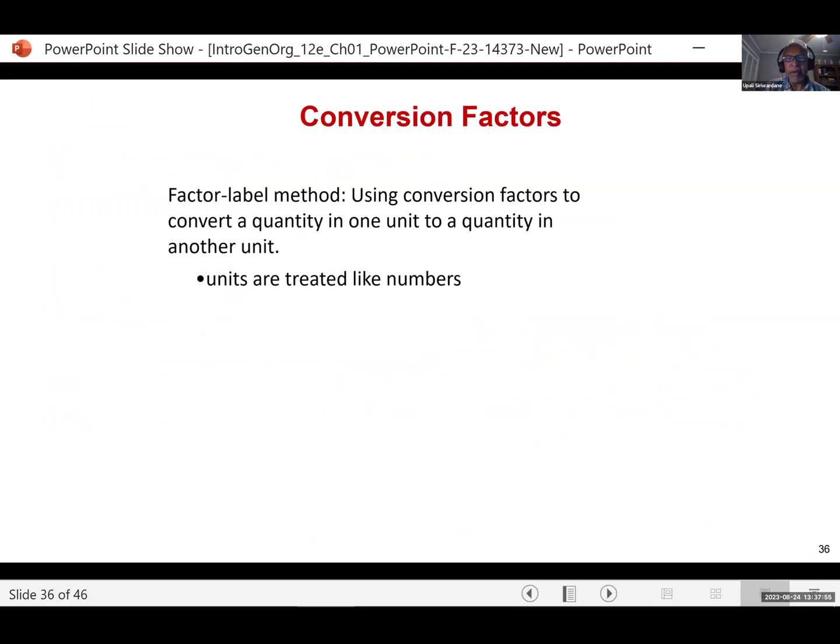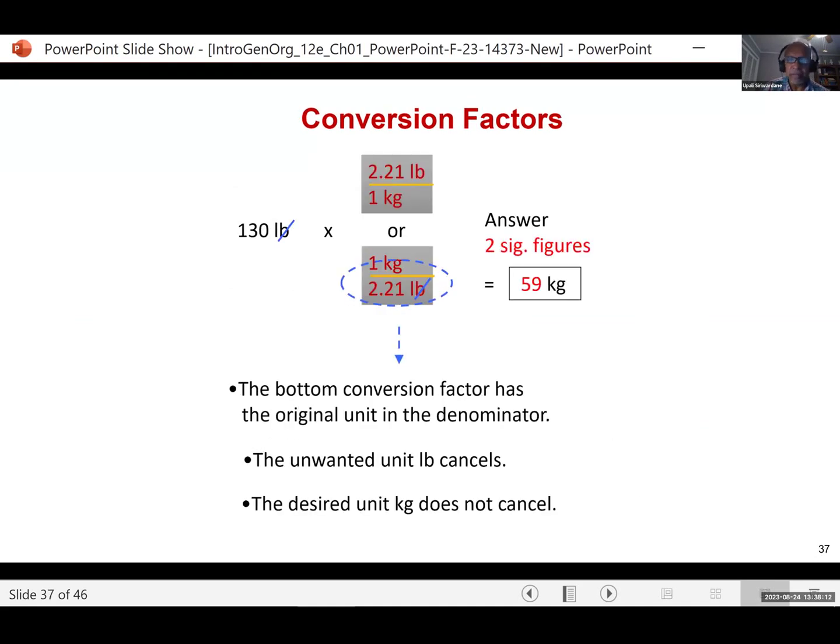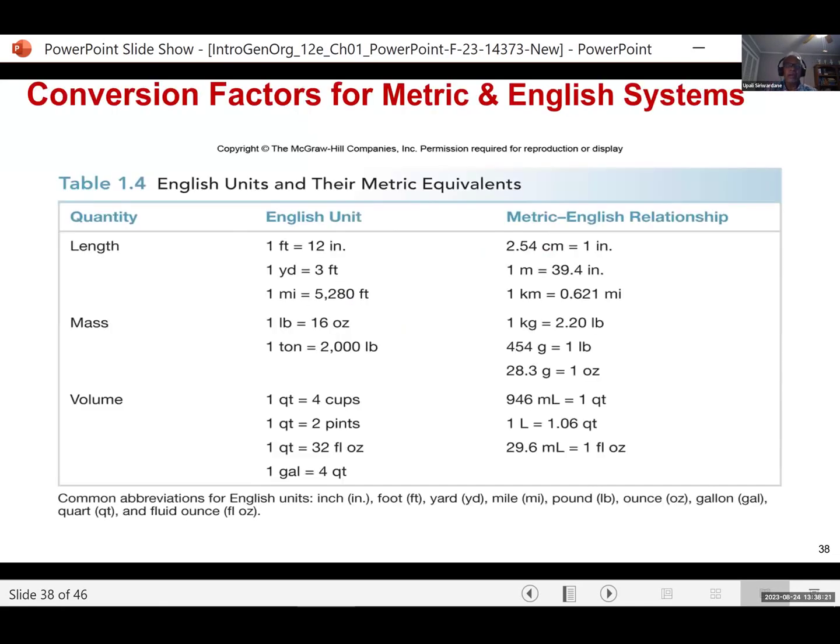Factor label method using conversion factors: convert one quantity to a quantity in another unit. So we did this. We converted 130 pounds to kilograms. There are a lot of conversion factors.